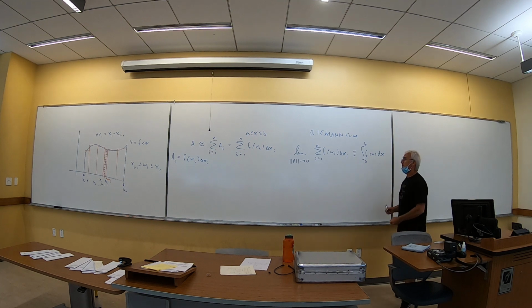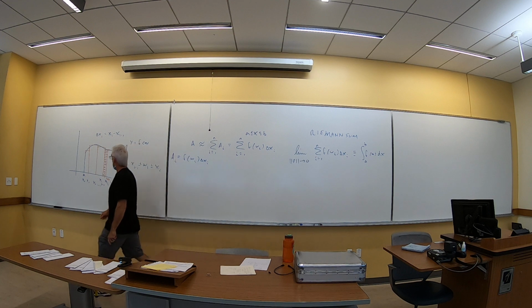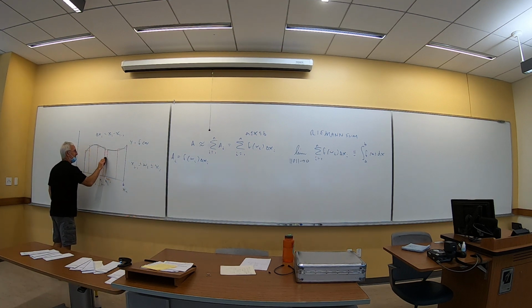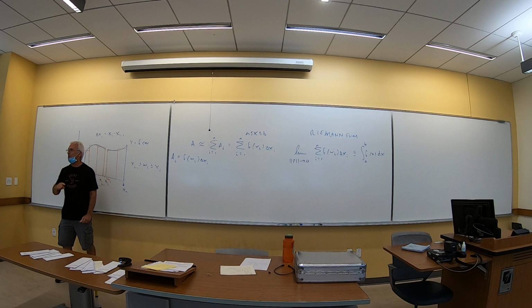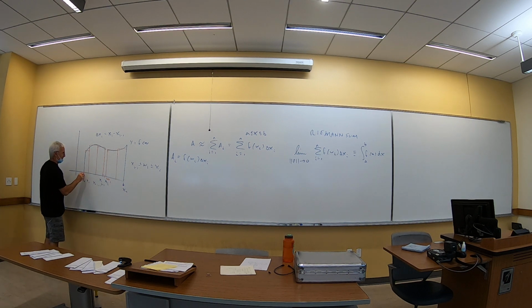Okay, great. So now I want to go back to that picture and I want to change something. Everything I said is still true, everything I said is still correct, but what I want to do is within each rectangle, I want to subdivide within the rectangle itself.